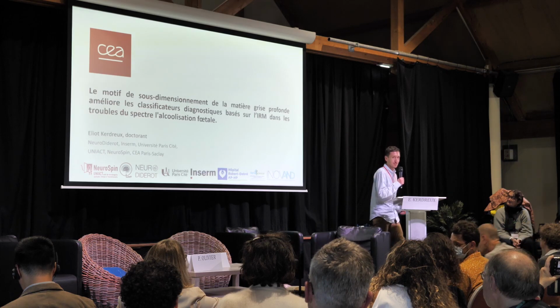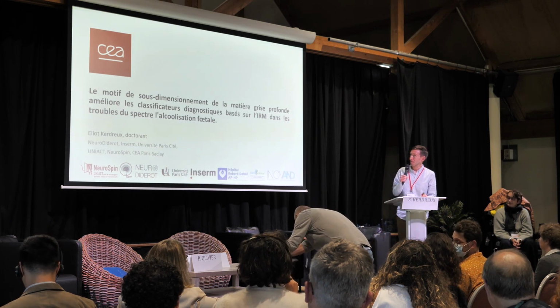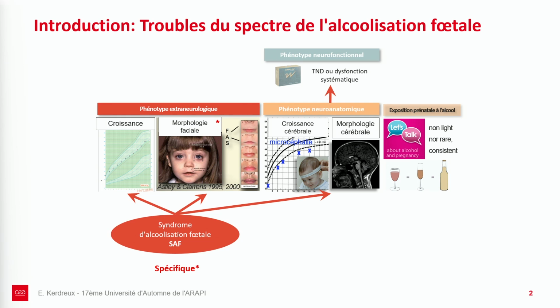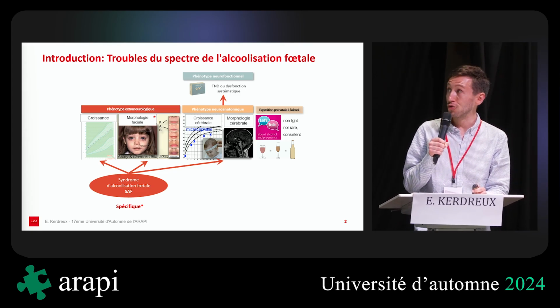So you are going to tell us about imaging and the subdimensioning of the deep gray matter and how this improves the diagnostic classification tools based on MRI in the ASD with fetal alcohol syndrome. And what are the disorders?